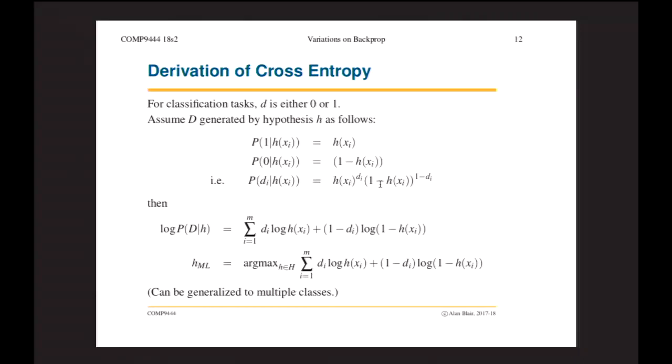Okay, so we have this. Once we have that, if we take the log of this probability, that's equal to di times log of H of xi plus 1 minus di times log of 1 minus H of xi. And we want to maximize this, but we're used to thinking of it as a cost to be minimized rather than something to be maximized.